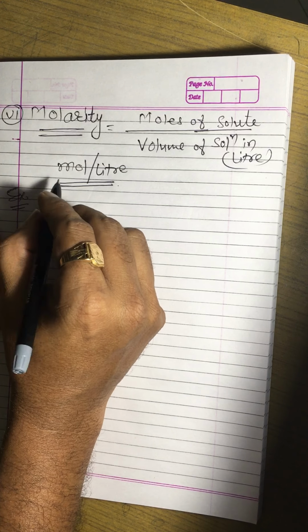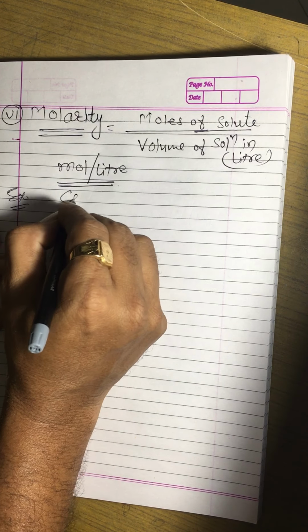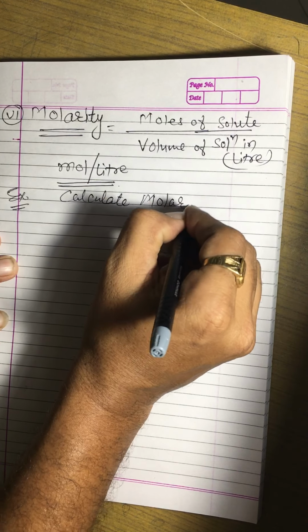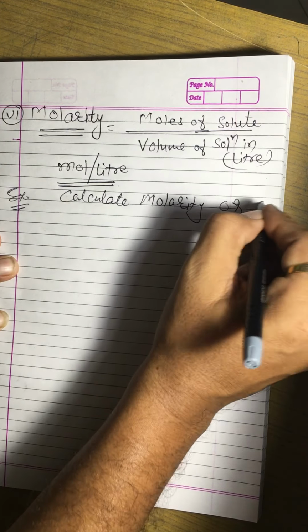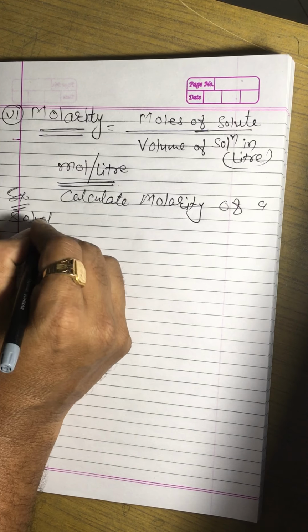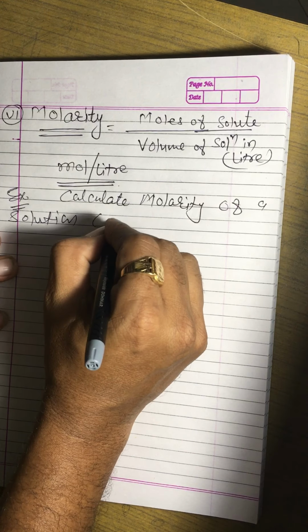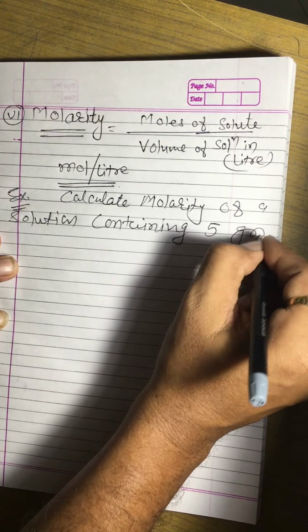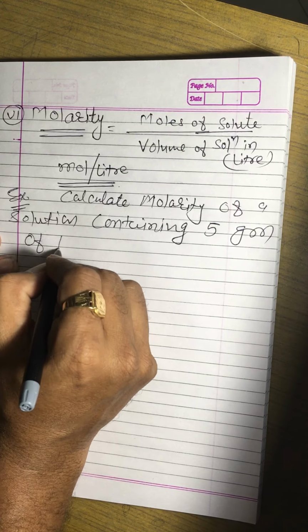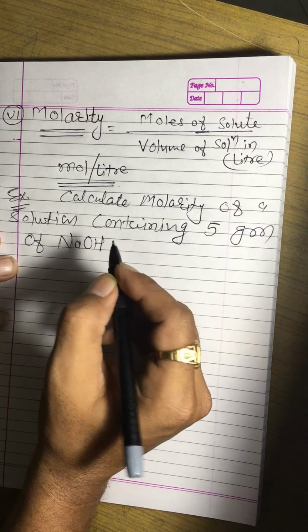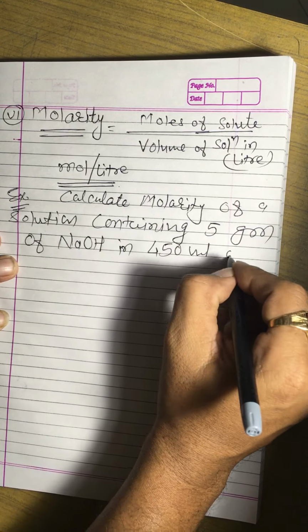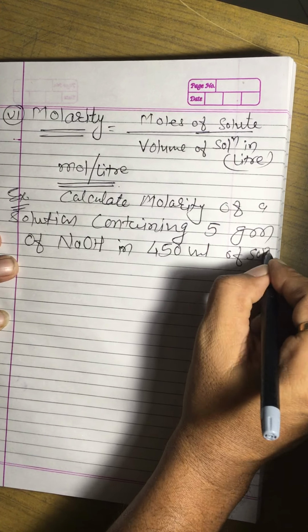Suppose the example is: calculate the molarity of a solution containing 5 gram of sodium hydroxide, NaOH, in 450 ml of solution.